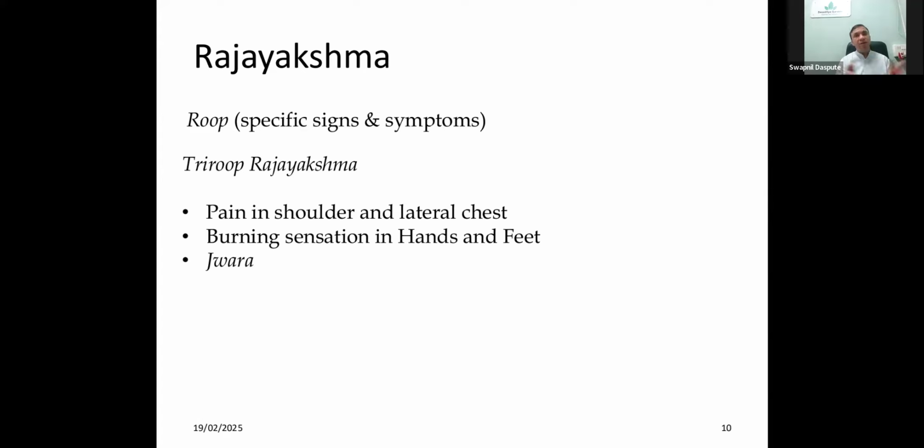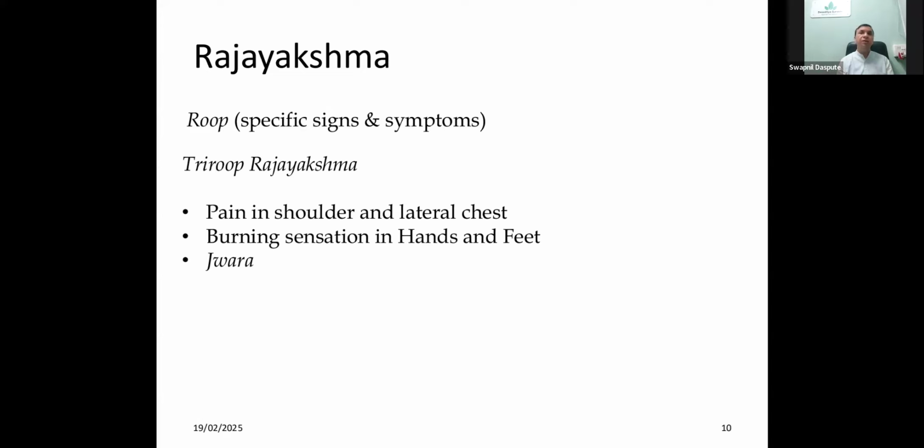We are learning the theory to understand the process, how it happens, what is seen, how it should be treated, and what are the do's and don'ts to be told to the patient. So we are learning the process, we are gaining knowledge. How to utilize that knowledge is going to be your skill and experience as you move on.